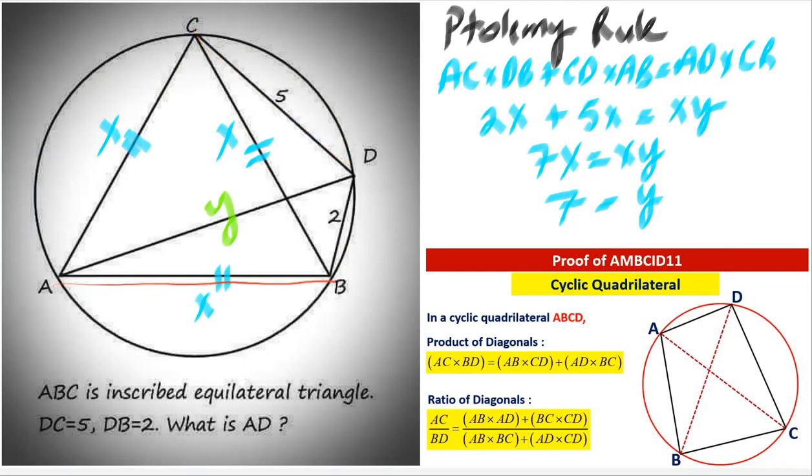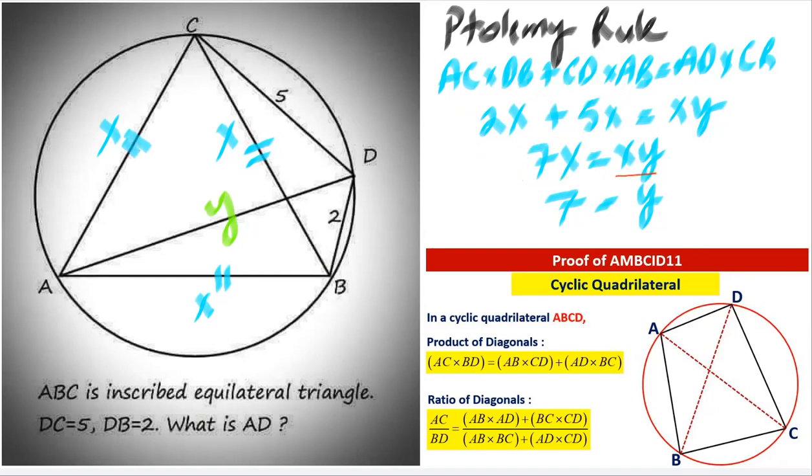DC times AB, 5 times X, 5X, plus DB times CA, which is 2X, equals product of diagonals, Y times X, YX. So we can simplify these two as 7X.